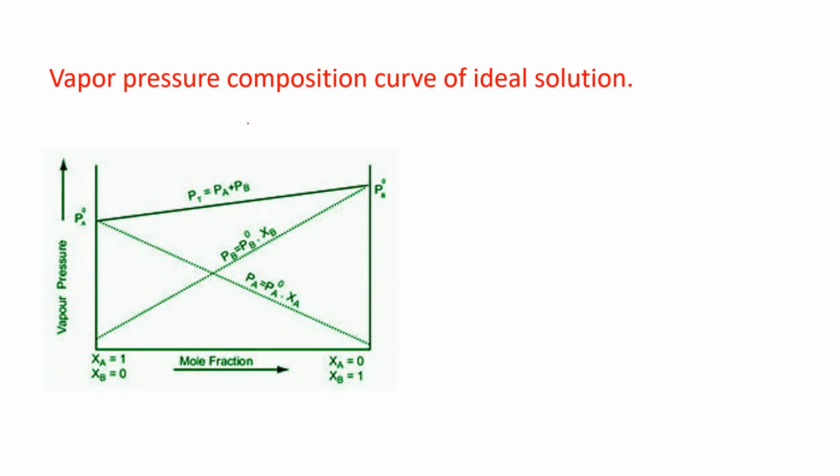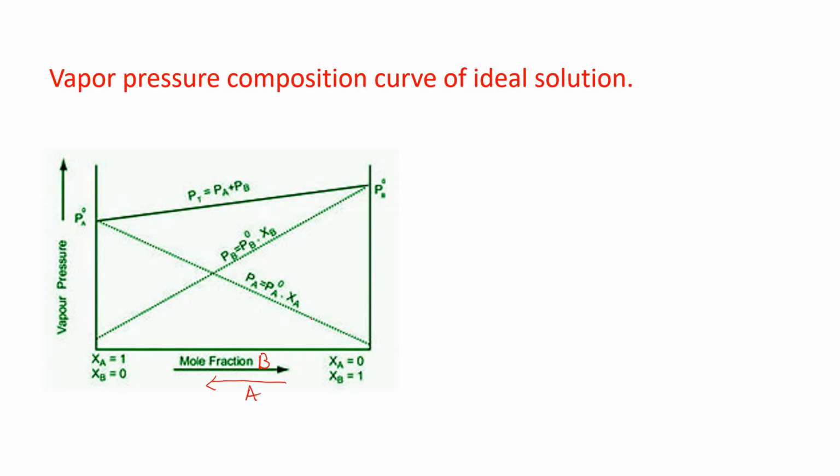Now coming to the vapor pressure composition curve of the ideal solution. This axis is vapor pressure, this axis is composition of the solution. At the extreme left you see XA, the mole fraction of A, is 1, that means it is pure liquid A, and the mole fraction of B increases in this direction. So when liquid B is added to liquid A, the solution is formed, and this line indicates the partial vapor pressure of B. At the extreme right, the mole fraction of B is 1, so it is pure liquid B, and the mole fraction of A increases in this direction.